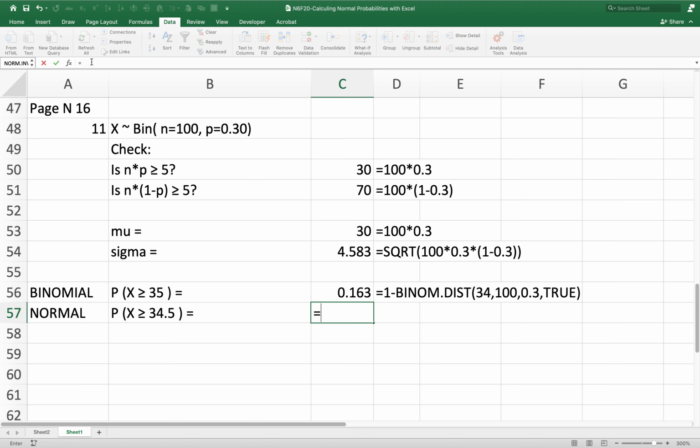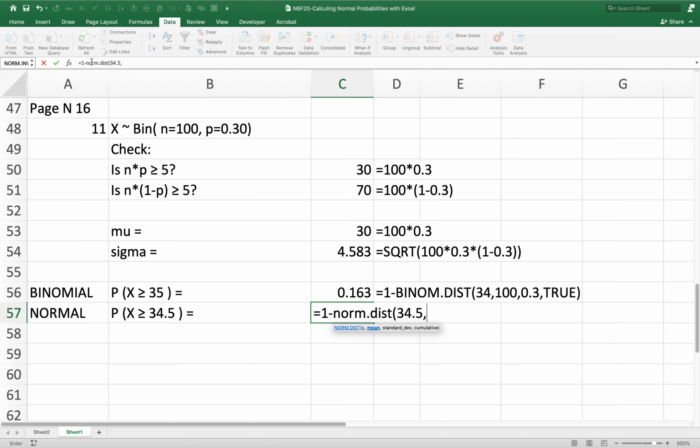Let's do this now as a normal distribution function. 1 minus, because we're going from some point, we're going to 34.5 up. So we need to go 1 minus norm.dist 34.5 down. Remember, this is a continuous distribution, so the complement of 34.5 up is just 34.5 down.